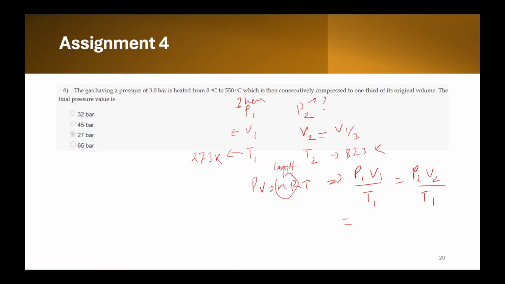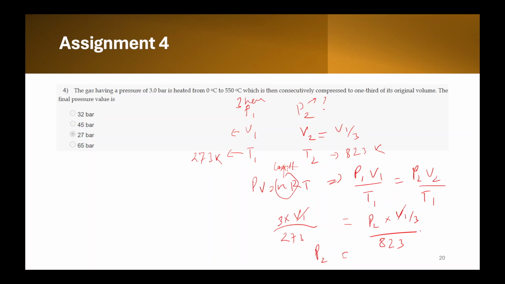So basically, you keep the units consistent. So 3 bar into V1, we don't know basically. The T1 is 273. Then we have here P2, we don't know, but we know the relation of V2 in terms of V1. So it will be V1 by 3 upon T2 is 823. So we can compute this P2 from here. So basically V1 gets cancelled.